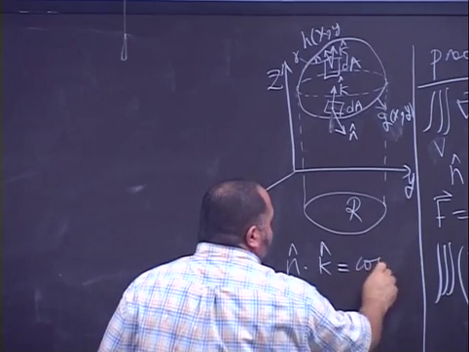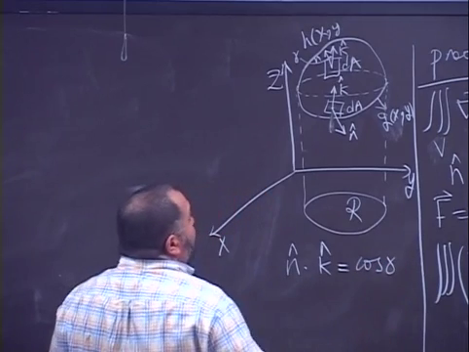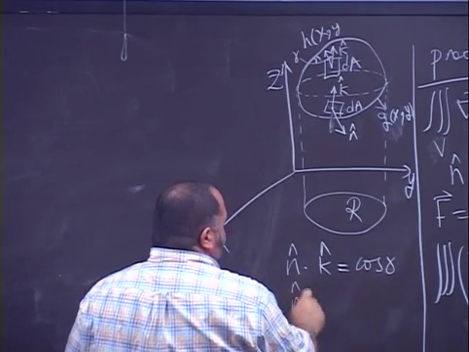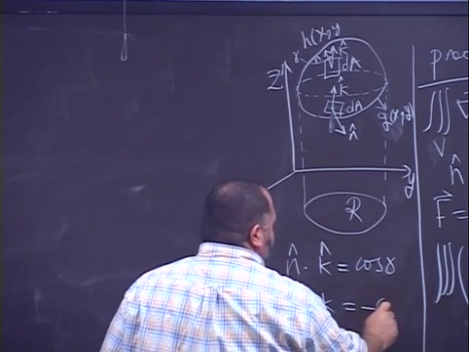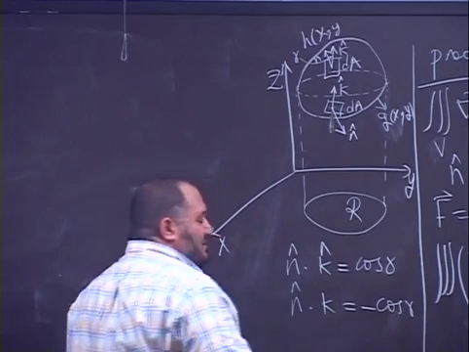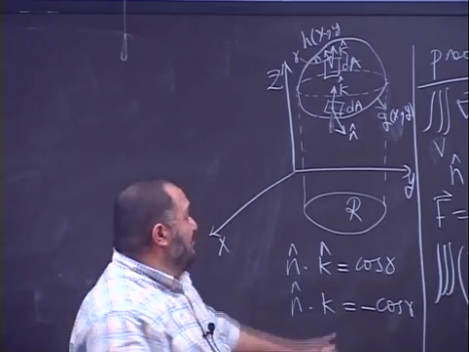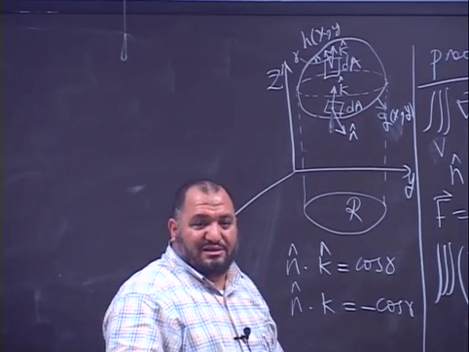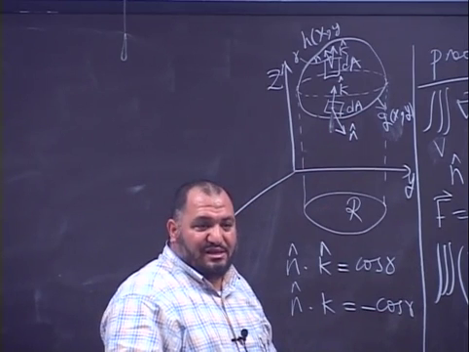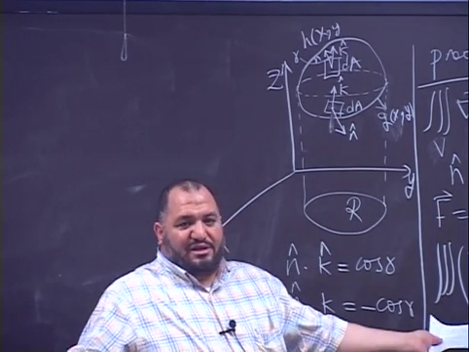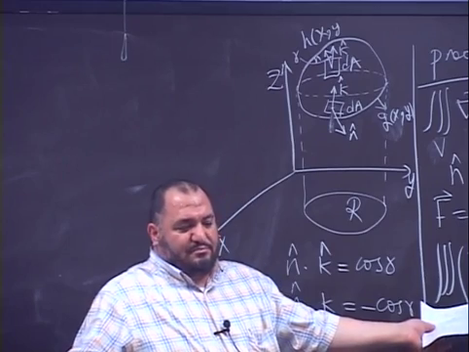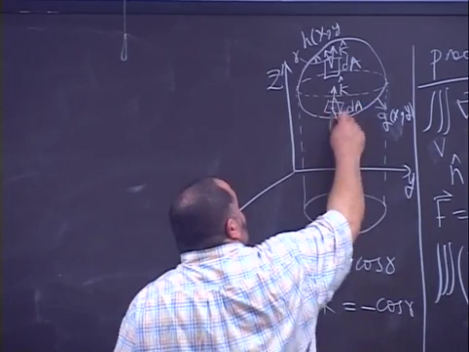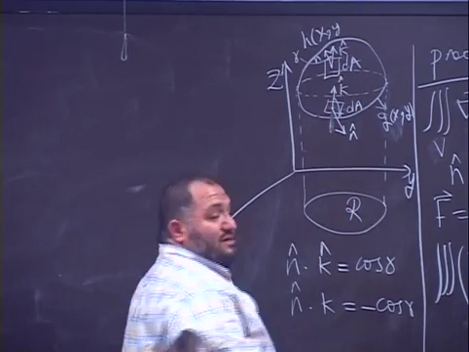Cosine gamma for the upper one. And n dot k for the lower one will be minus cosine gamma, because gamma is greater than 90 degrees, because this is the angle here. Okay, guys?